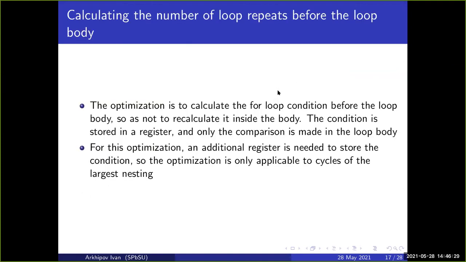Let's look at another optimization. Before the loop body, we might calculate the condition and put it in some register, and not recalculate it every loop iteration, but only compare with this register. It is not possible for every loop condition, but the opportunity to use this optimization is out of scope of this work. Let's have a look at the example.